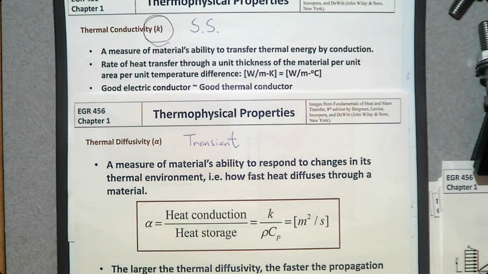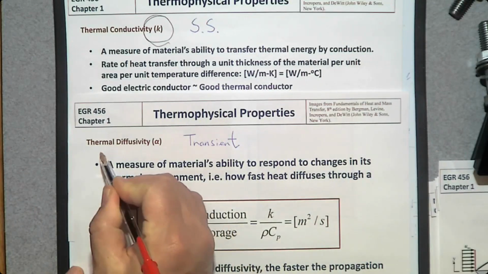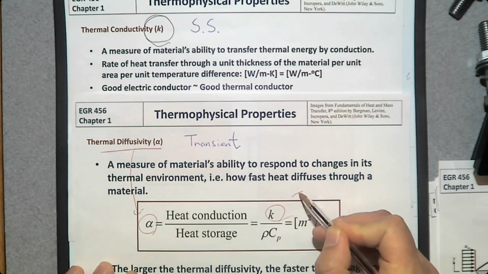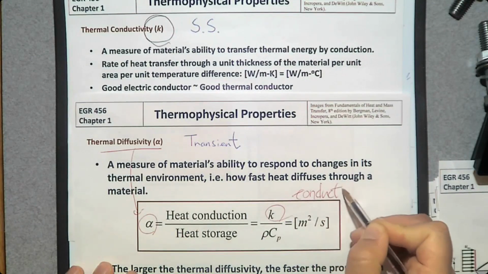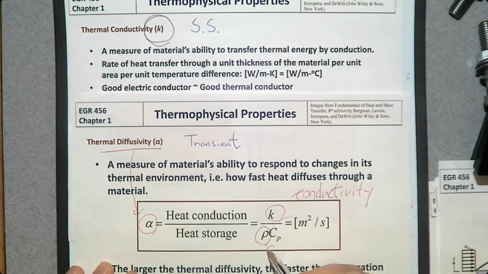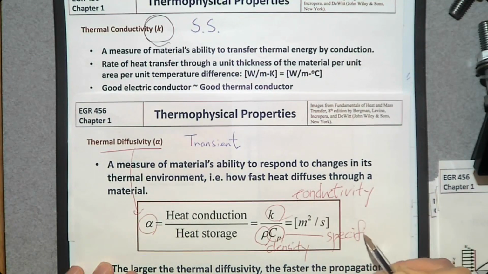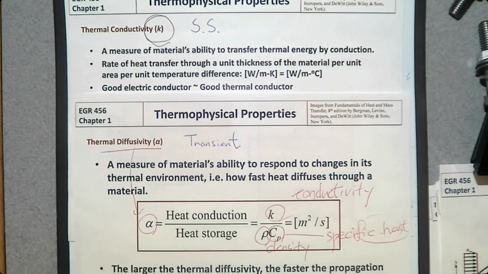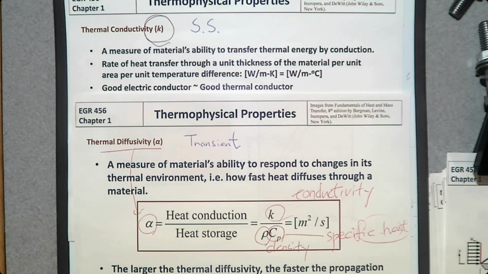The relation between thermal conductivity K and thermal diffusivity alpha is that alpha is K over rho C. Thermal diffusivity is thermal conductivity divided by density times specific heat. The larger the thermal conductivity, the faster heat transfers into the material.